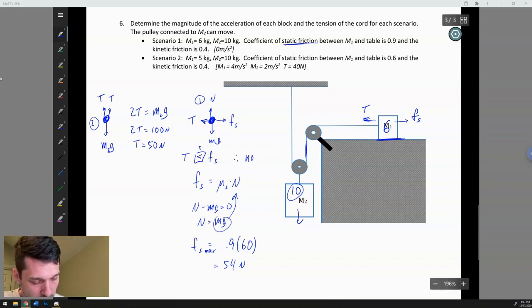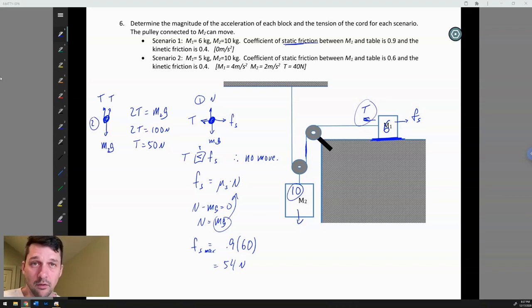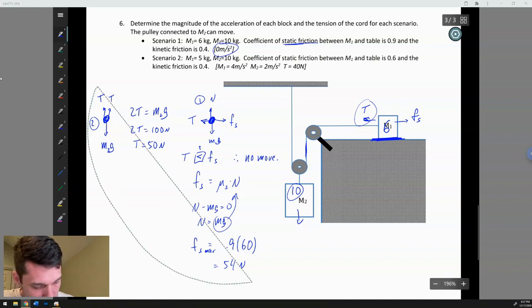Therefore, it is not even going to start moving in the first place. There is enough friction here to prevent it from even sliding based on the tension that's pulling it. So no acceleration. Not even going to get started.